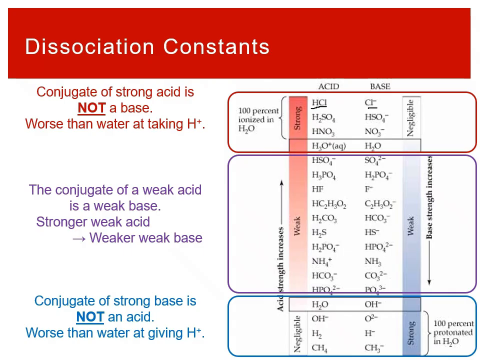So that sort of middle ground where you have weak, the conjugate of a weak acid is a weak base. So that's where you have the pair when they're both weak at the same time. So you'd have, say, a weak acid, its conjugate is also a weak base. But a stronger weak acid, so for example, H3PO4, has a weaker weak base.